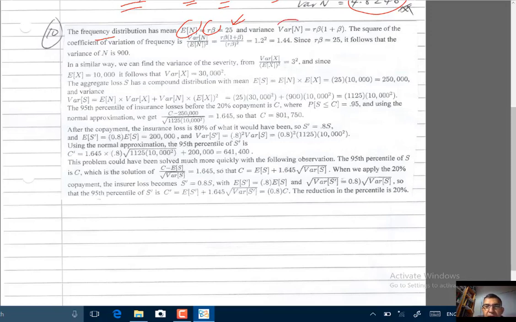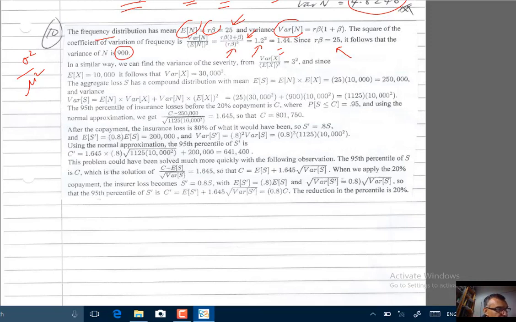The variance of N we know is r beta times 1 plus beta, and the square of the coefficient of variation will be sigma squared over mu squared, which will be r beta times 1 plus beta over r beta whole thing squared, and that will equal 1.2 squared, which is 1.44. Now since they gave us r beta is 25, we can calculate the variance of N as 900.